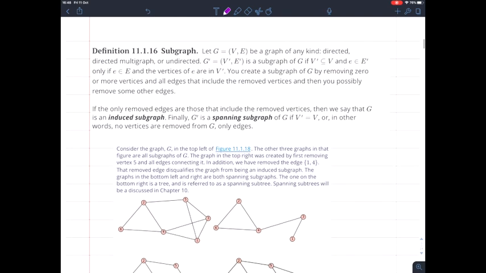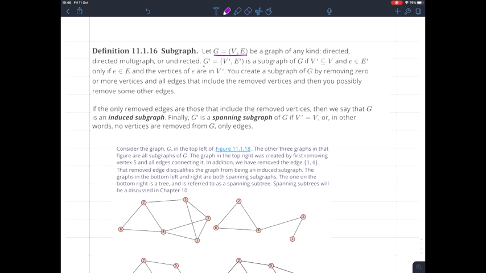So now we talk about a way of getting more graphs out of a single graph, and one of these ideas is a subgraph. So if we have a graph of any kind, then we can create a subgraph if we take some vertices from the original graph and some edges. But we have to be a little careful how we do this.